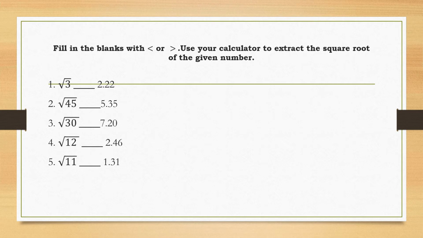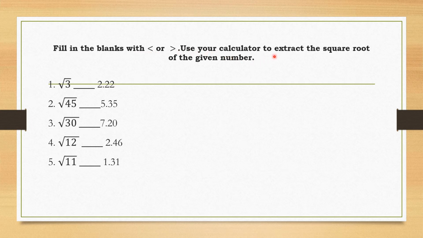Now, let's have here another exercise. Now, you look for this exercise in your module, because there are some examples. I'm just giving you examples on how to do it in your modules and in your worksheets. So, fill in the blanks with less than or greater than.